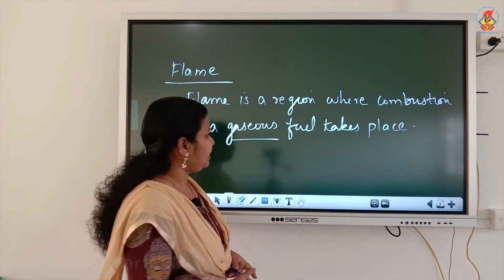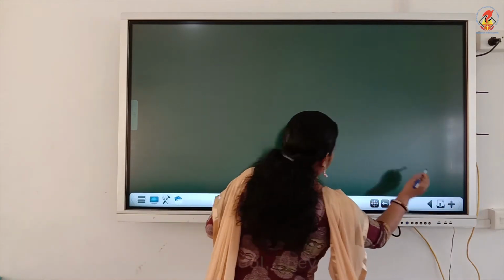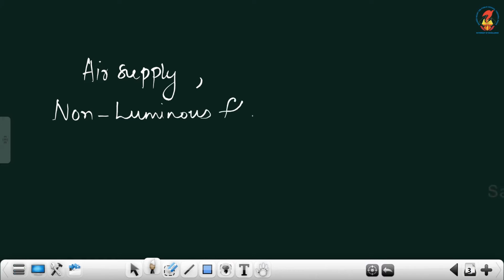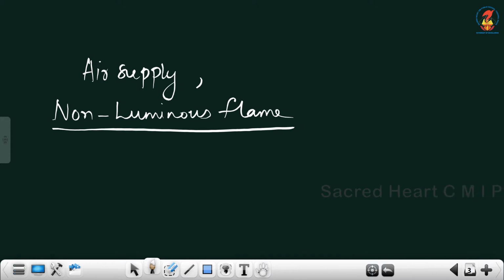Okay. Now, based on air supply, the air that the fuel receives, we can classify flame into two types. The first one is non-luminous flame.